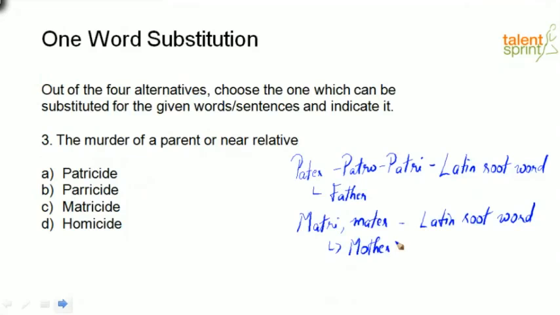So now it's a little confusing because some of you have given me option A, patricide. It says the murder of a parent or near relative. I can't have two options, right? My parent can also be my mother. So even C will qualify. So let's hold on and check for other root words, right? Homicidium, which means manslaughter, or homicidia, again of Latin origin.